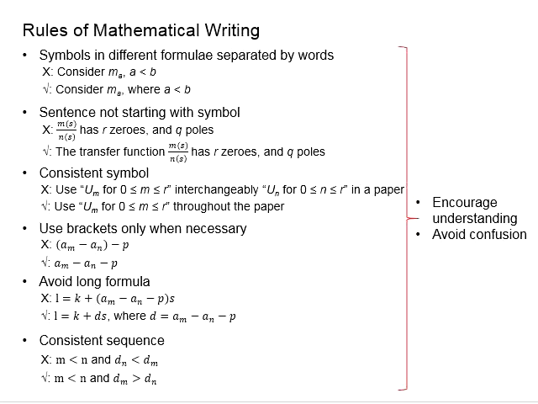This makes the bracket unnecessary and it should be removed. Next, if possible, you should avoid long formulas. For example, this equation here can be presented in this manner, having a specific unknown here, which should be given a proper definition.